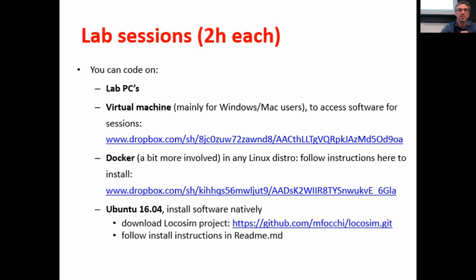Otherwise, you can install all the libraries yourself following these instructions. The project is a repository on GitHub that you can download, and there is a README file that tells you how to install all the dependencies to be able to run the Python labs.